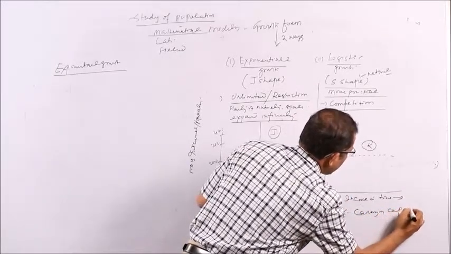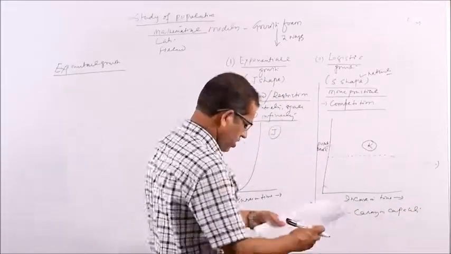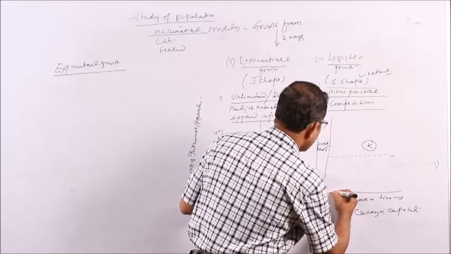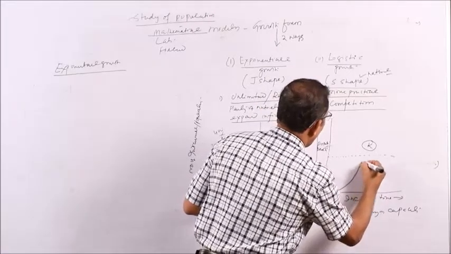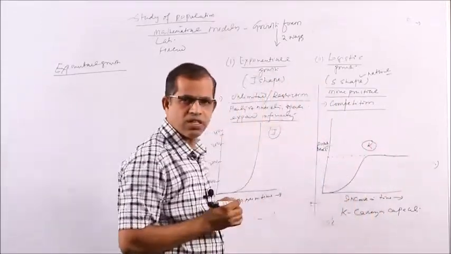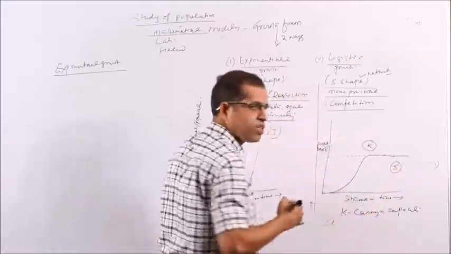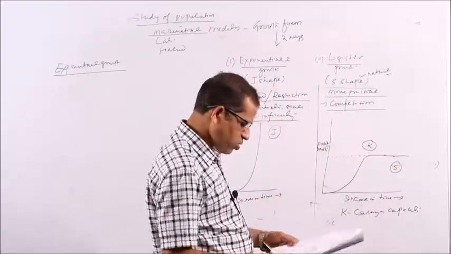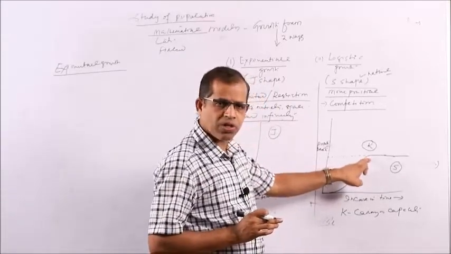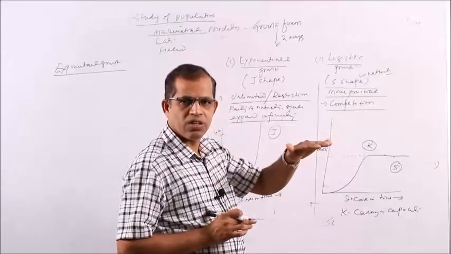This is called carrying capacity. Then the curve will go like this, then it will go like this. That means it is an S shape. Now, what does it show? There will be growth, but after a certain point it will be in stable conditions.